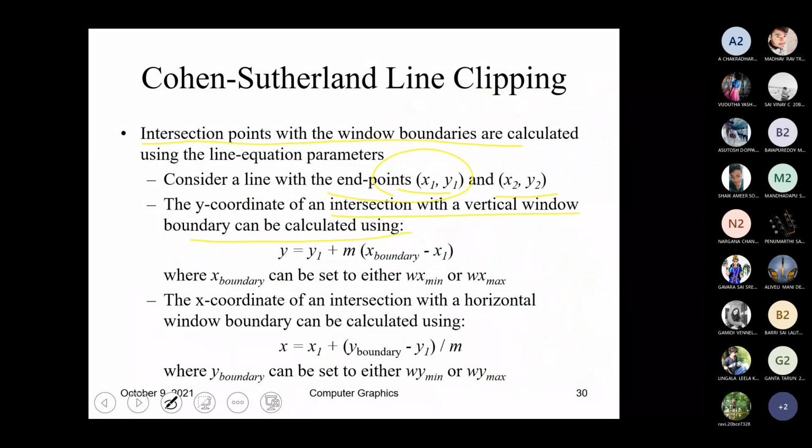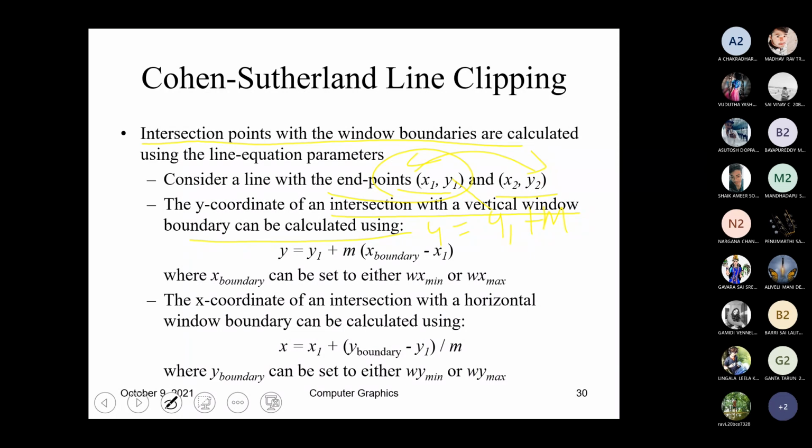You have an equation: y is equal to y1 plus m times something. What is m? We have studied it many times: m is y2 minus y1 divided by x2 minus x1. From here you will get it already.